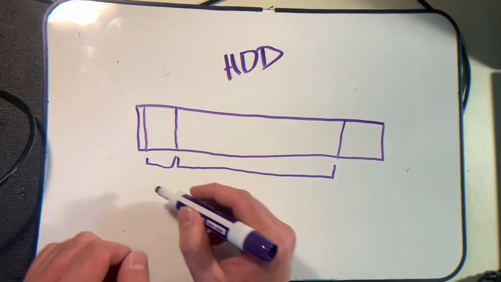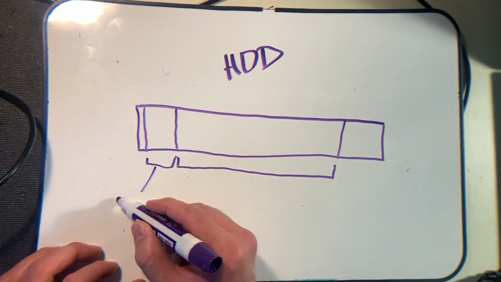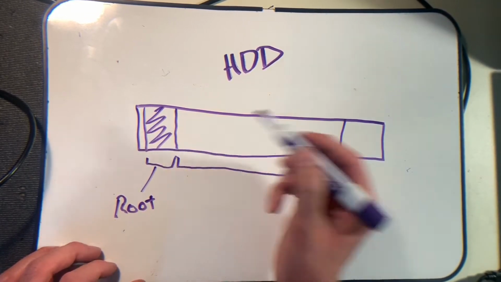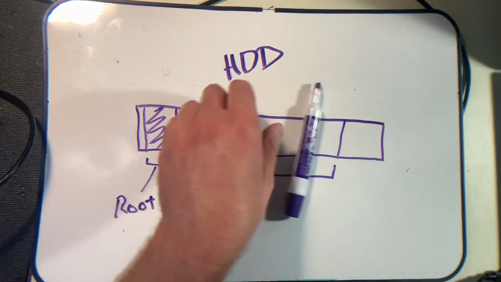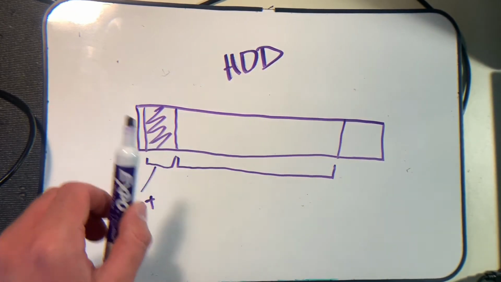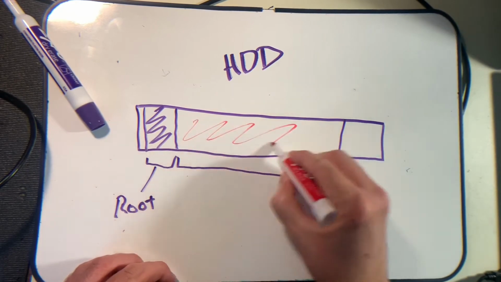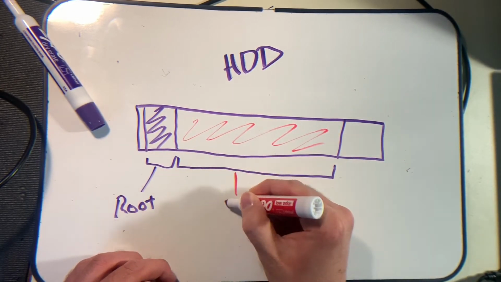And what it might do at this point is say, okay, this part right here is the root partition. And we've got a different color for this. This partition here might be for home.